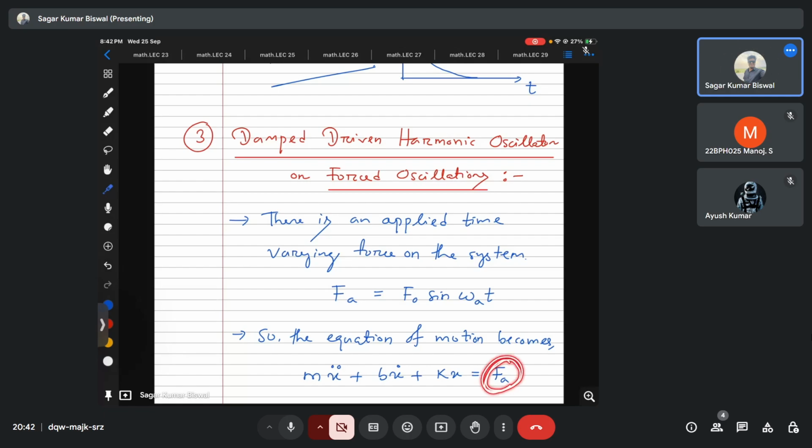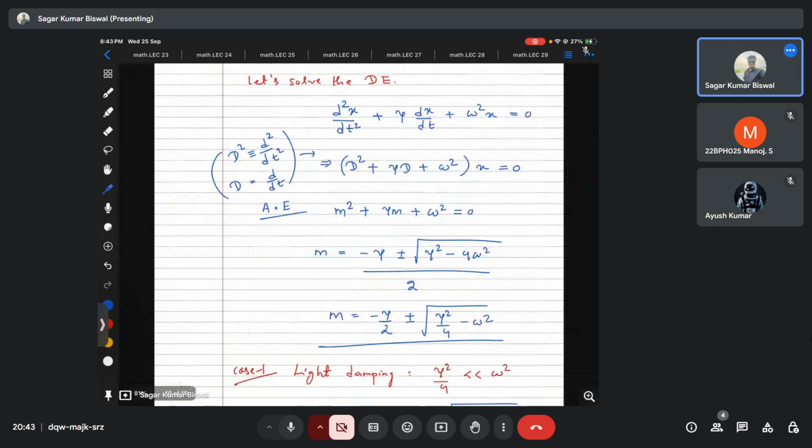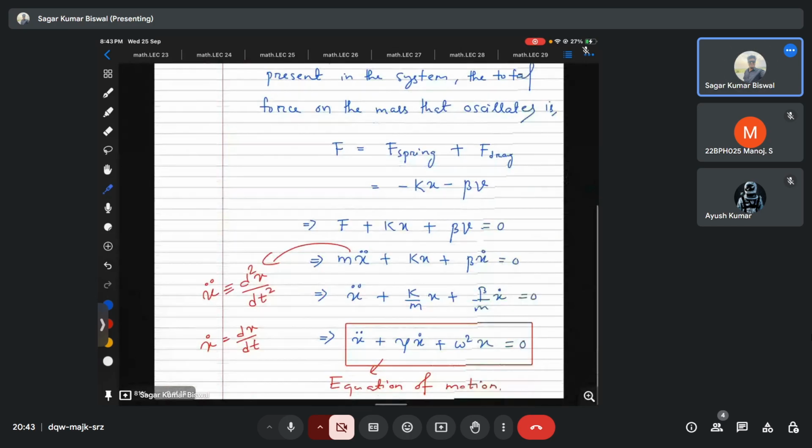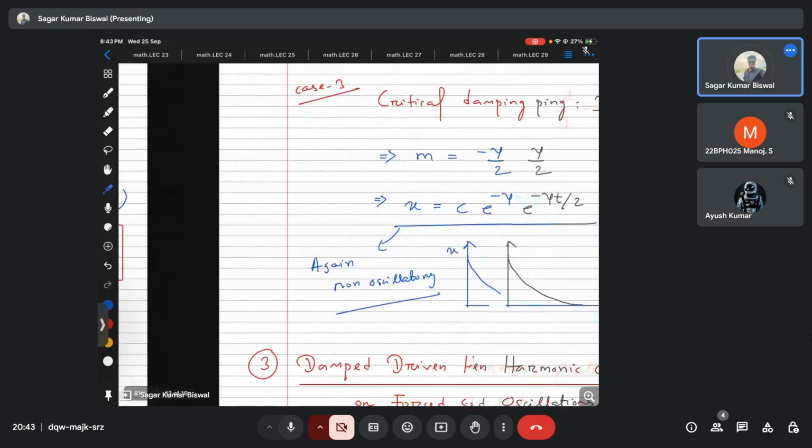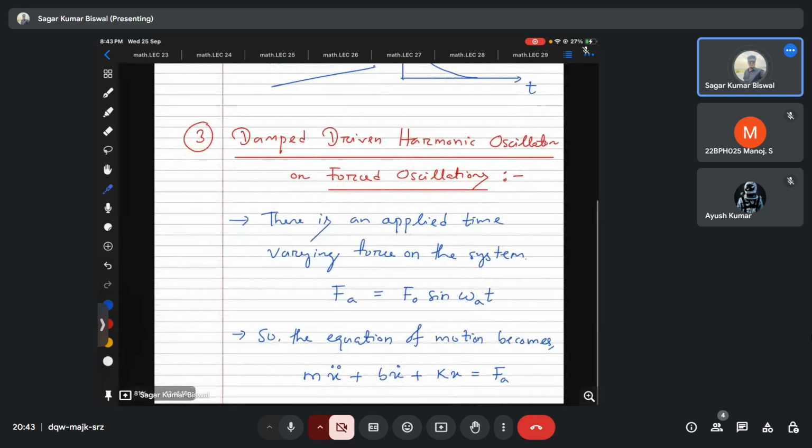There is this external force present here, which was zero in the previous case. Here you have an external force acting on the system. This is known as the damped driven harmonic oscillator.